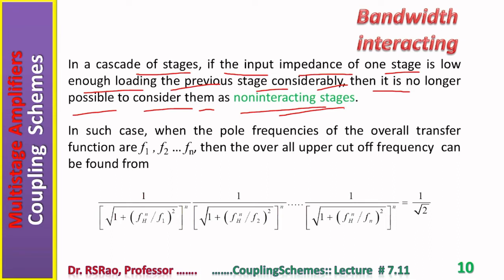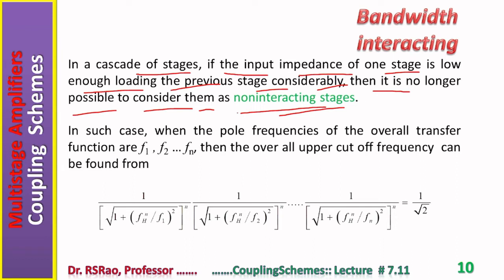Sometimes it is not possible to assume non-interaction between the stages. They become interacting stages. In a multi-stage amplifier system, one stage may be interacting with the next stage. In such a case, the formulas we considered just now don't work.